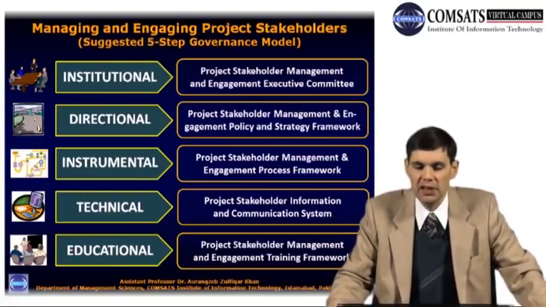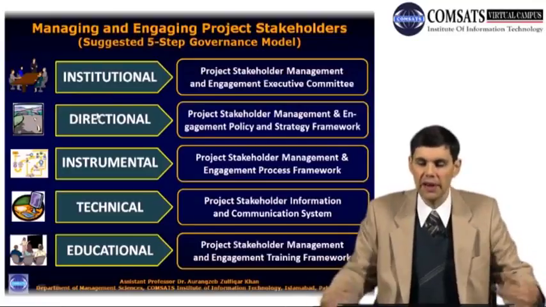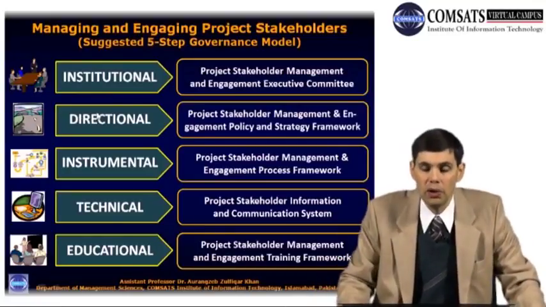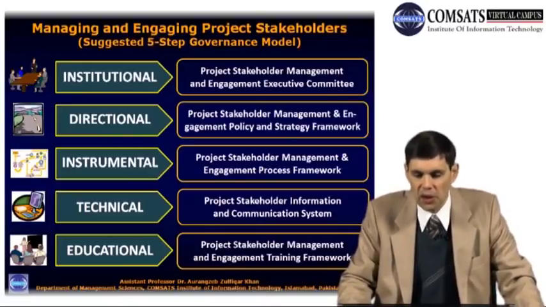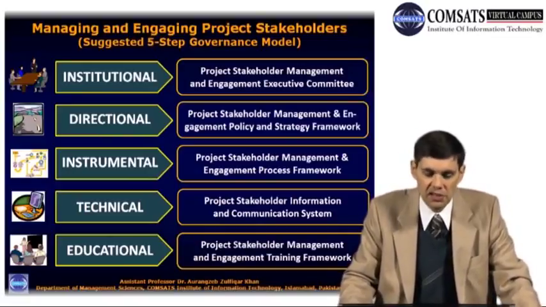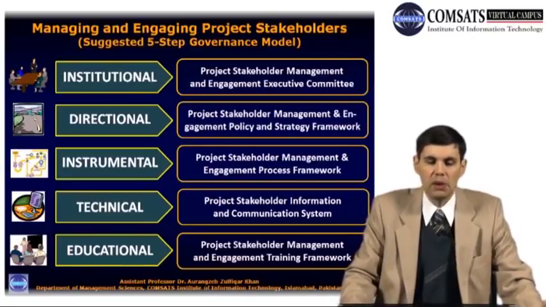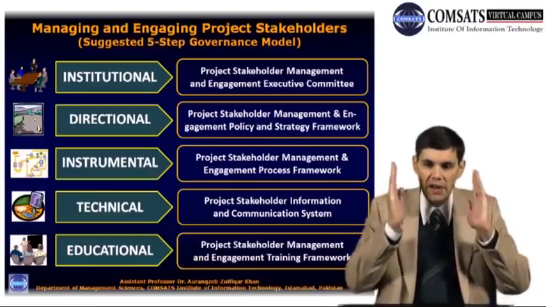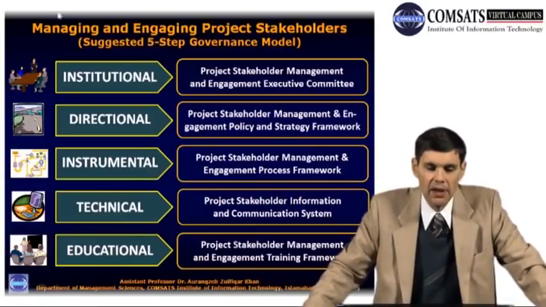And we'll be coming to that in a second. Directional means setting the direction of how one is going to manage and engage project stakeholders. It's a lot about policies for managing and engaging stakeholders. It's also about strategies, the direction one is going to manage and engage your stakeholders.